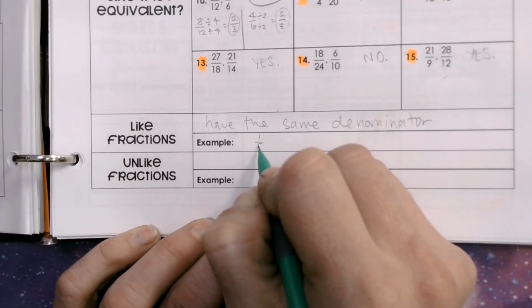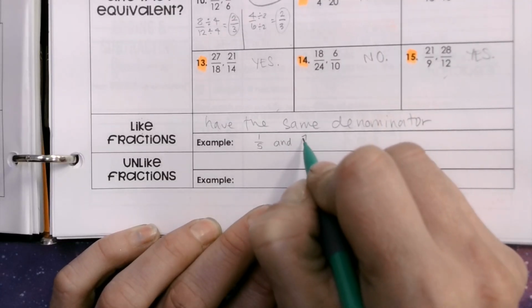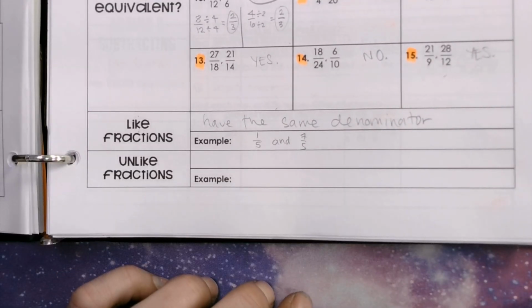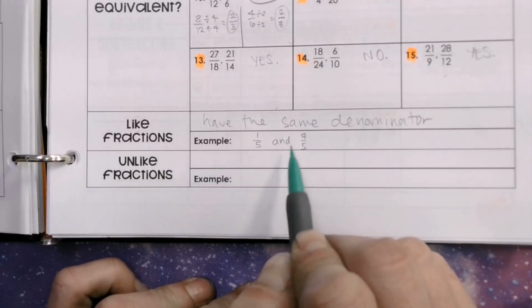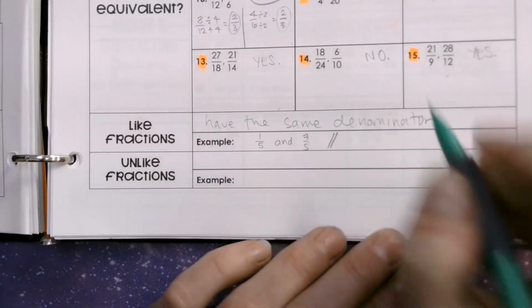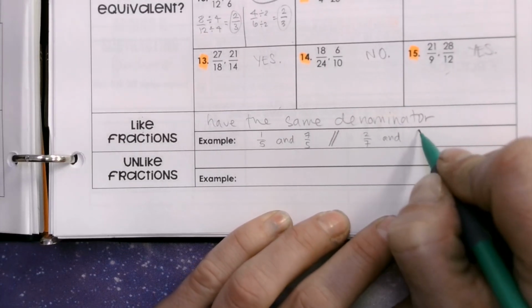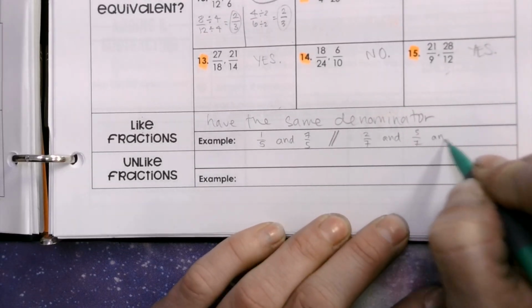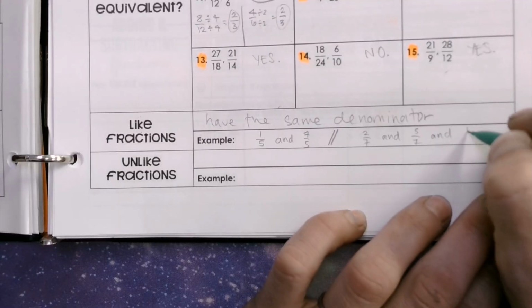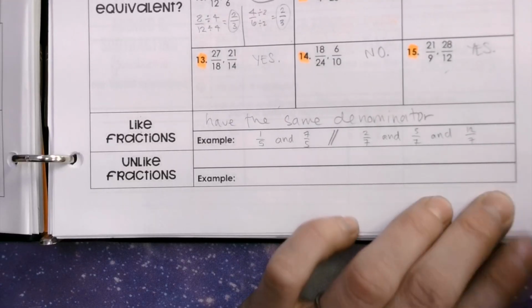So like 1/5 and 7/5 are alike or like. Another example is 2/7 and 5/7 and 12/7.